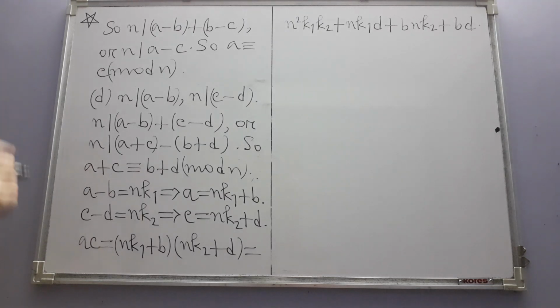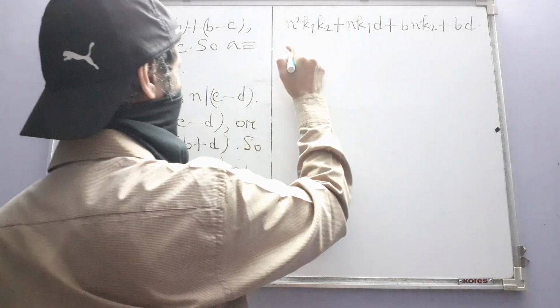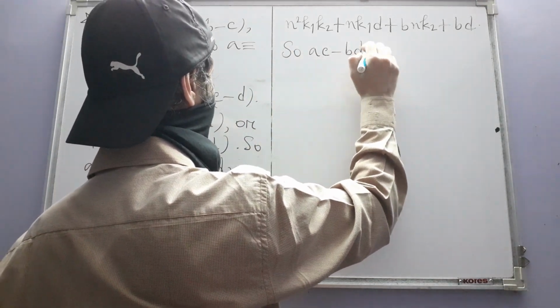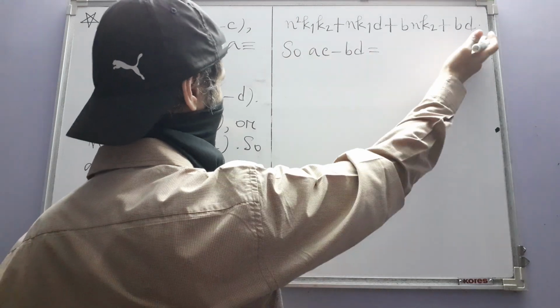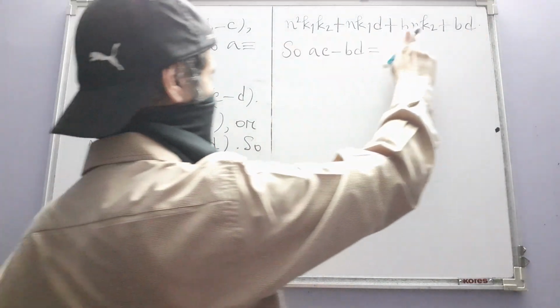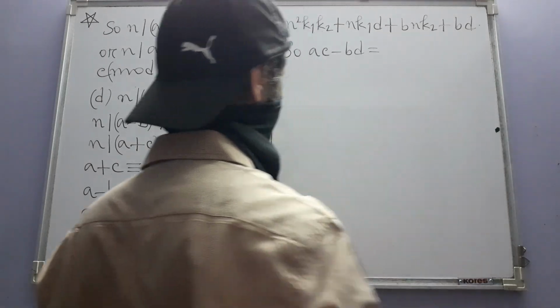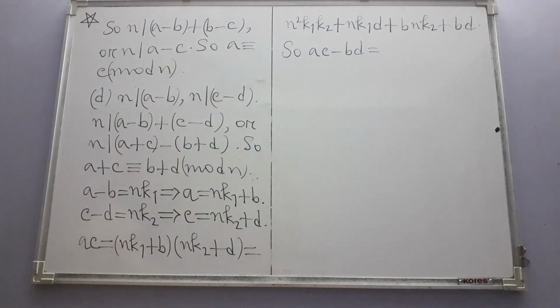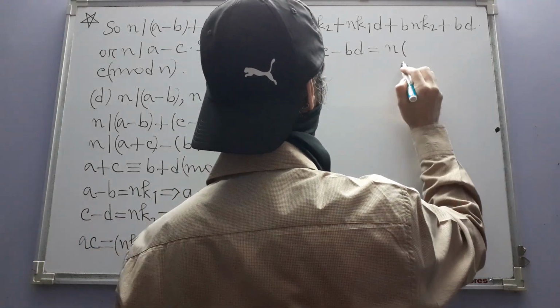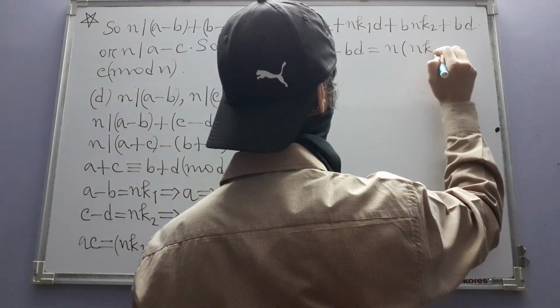Now you look at that expression, and on this side you look at AC. So we are getting AC minus BD equal to, so we are taking BD on this side, and we will be left with this on the right side, where you notice that every term has n in it, and that's why n can be taken as a common term outside.